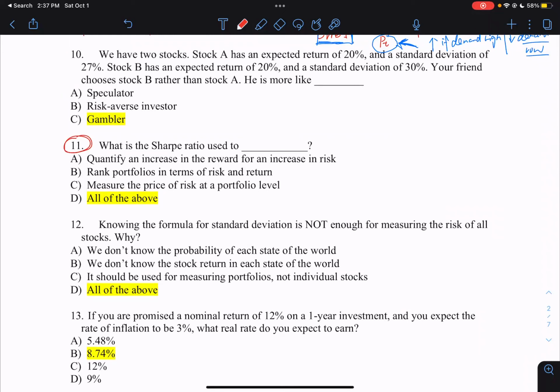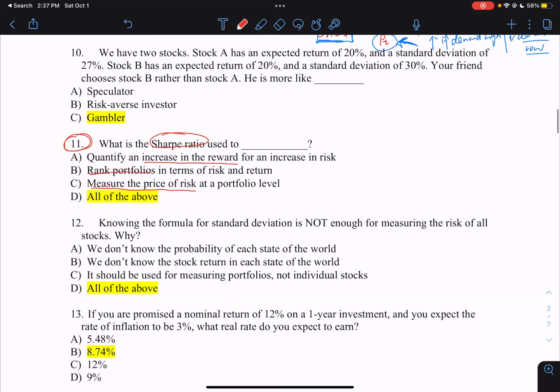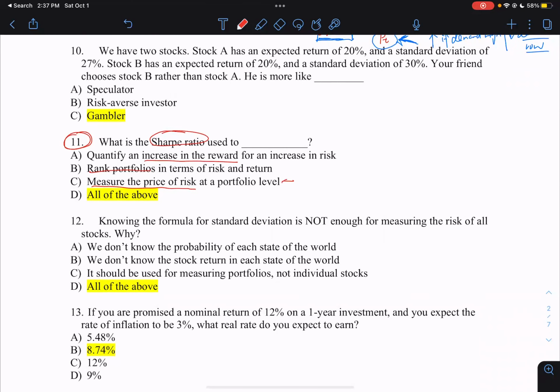So the question is directly from the slide. The Sharpe ratio is used to quantify increasing reward, rank portfolios, measure the price of risk. There are two things I want to explain more here. The first one is measuring the risk. The invention of the Sharpe ratio was trying to quantify the risk and the return.